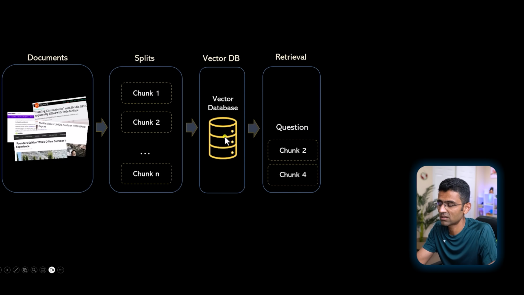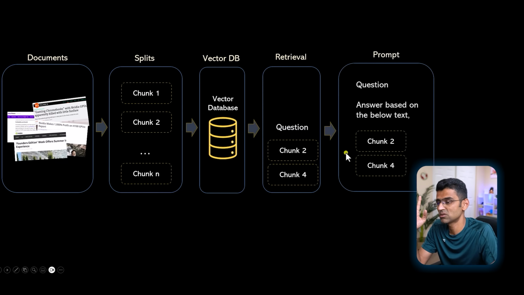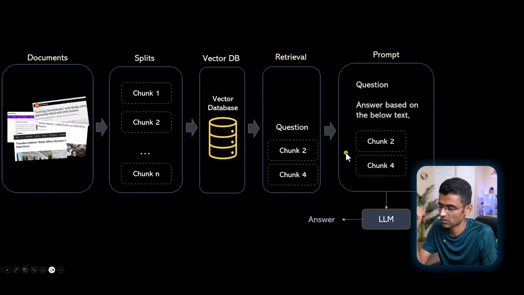The vector database allows you to perform that faster search, because it might have millions and millions of records. The way vector databases are designed, they help you do a faster search. And once you have that, you give it to your prompt and you get your answer.